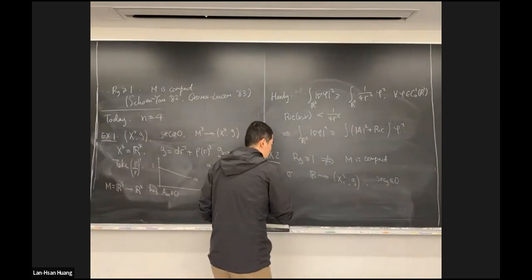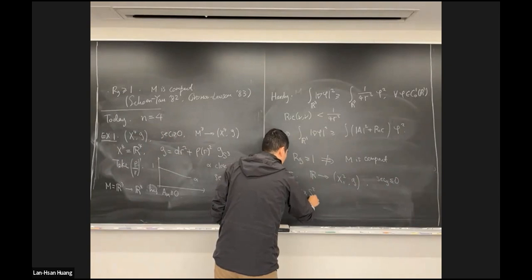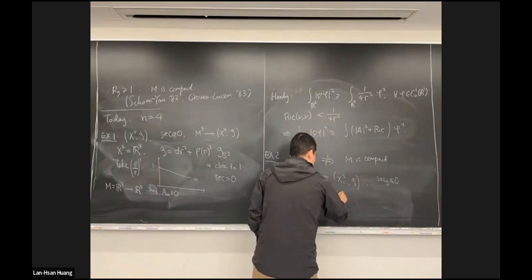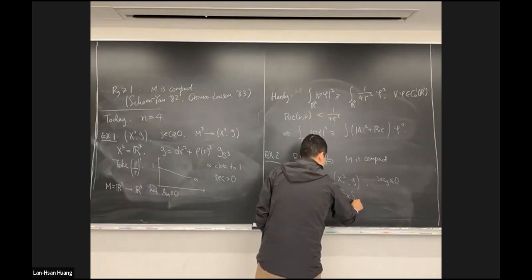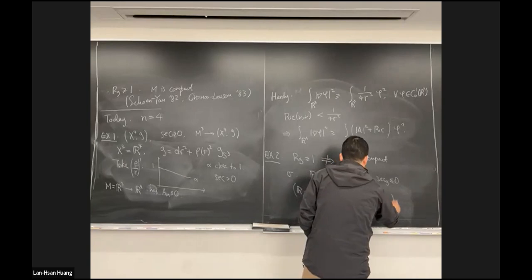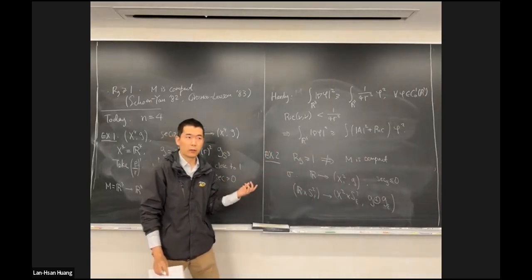Okay, now what you can do is that you simply cross this picture with S2 epsilon, say R cross S2 epsilon, to X2 cross S2 epsilon with the direct sum of the metric, where you take S2 epsilon to be a tiny sphere, right? So then scalar curvature adds up, right?